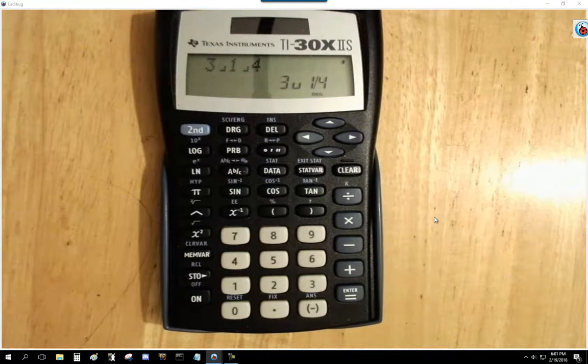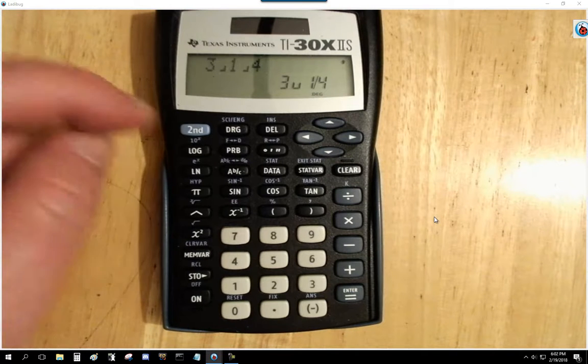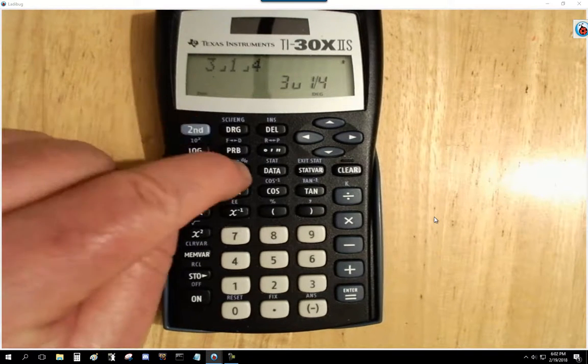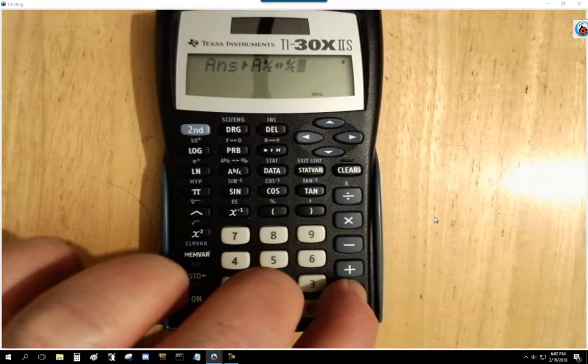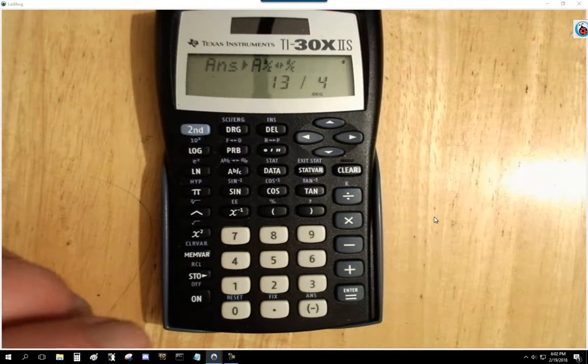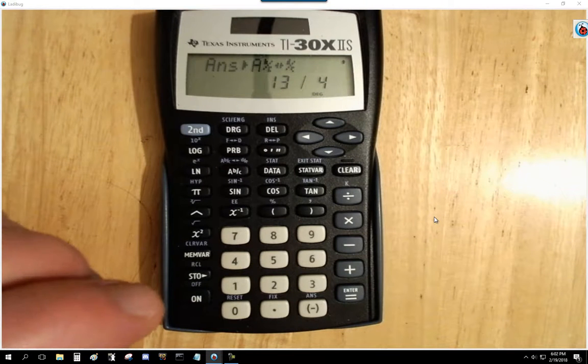There's 3 1/4. To convert that to an improper fraction, I hit second ABC. Second ABC, and equals. And there's the 13/4 we knew it to be.